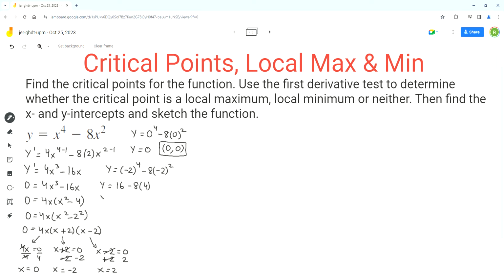So we get y equals 16 minus 32, which is equal to negative 16. So the second critical point is (negative 2, negative 16).